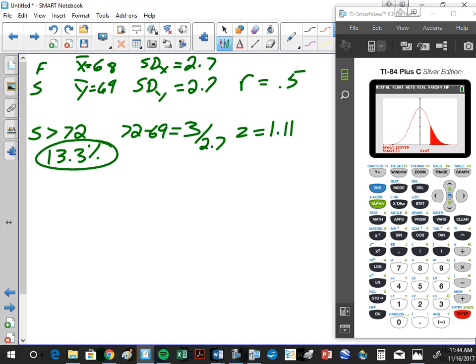Okay. And then B says, what percentage of the 6-foot fathers had sons over 6 feet tall? So now I take my not very good football, okay, and what I found the first time is I went up here to 72 and I drew a horizontal line and I found that area, which is 13%.